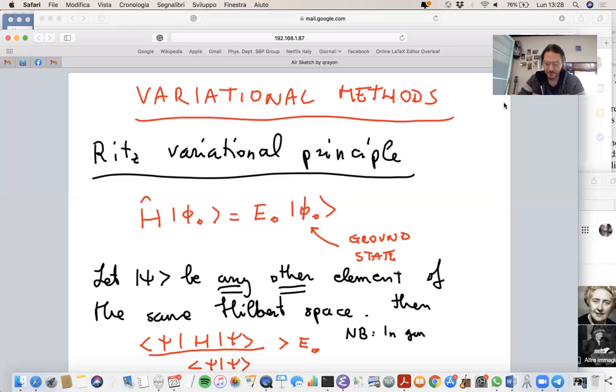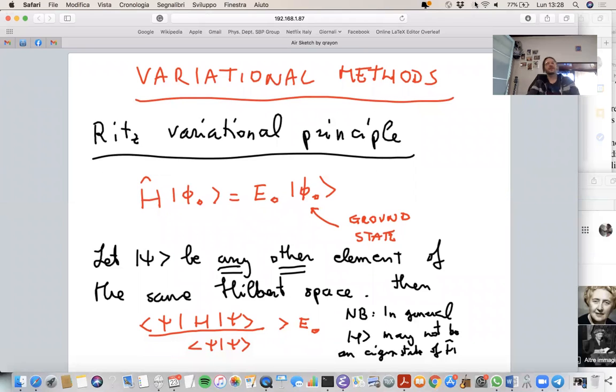In general, psi may not be an eigenstate of H. So even if psi is not an eigenstate of H, I can always compute the expectation value of the Hamiltonian over this arbitrary state psi.